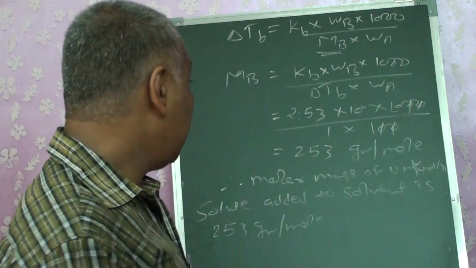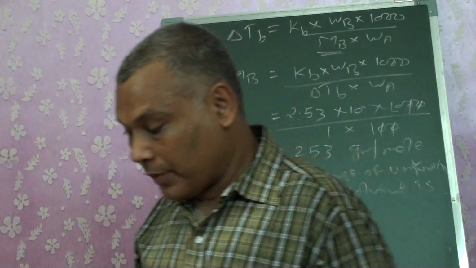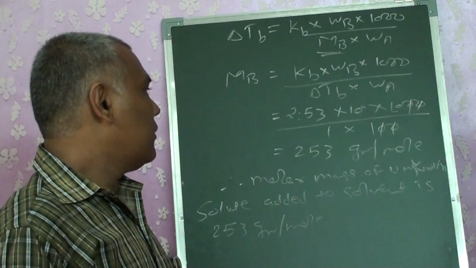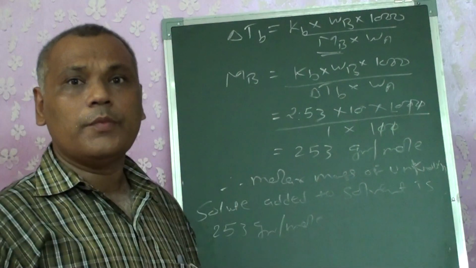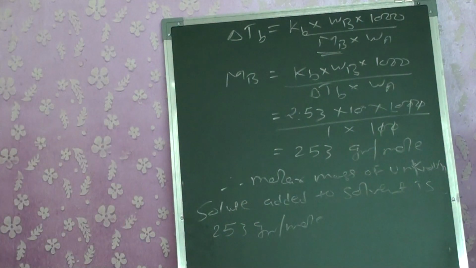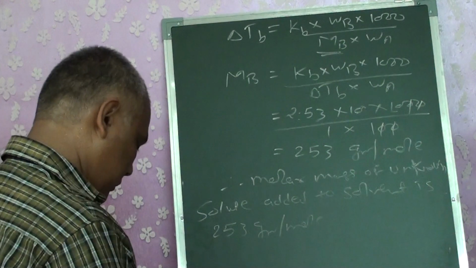So we get one method to calculate the molar mass of a substance. Okay, let's do one more sum, something different from what we have done, as one more numerical based on it.